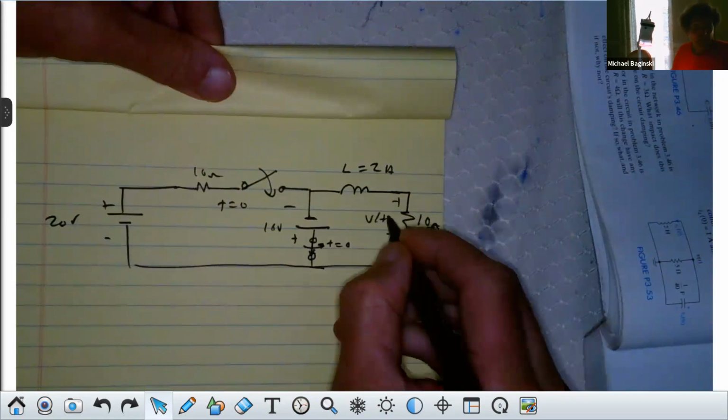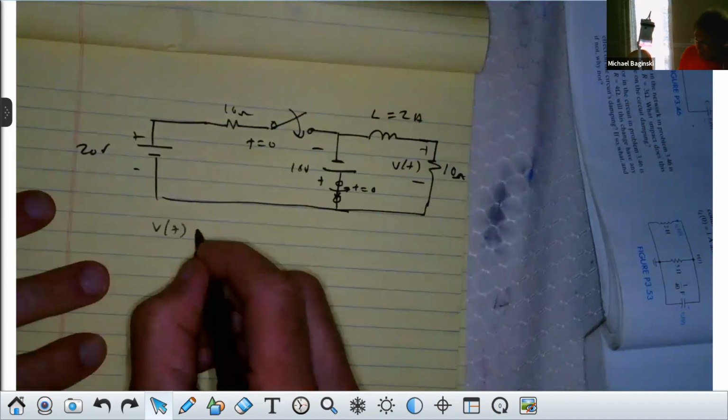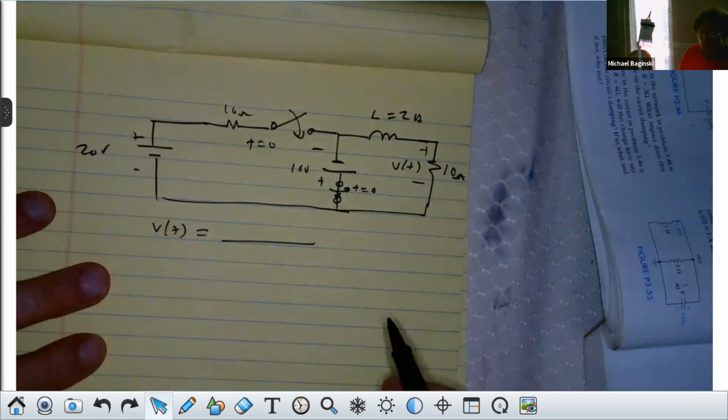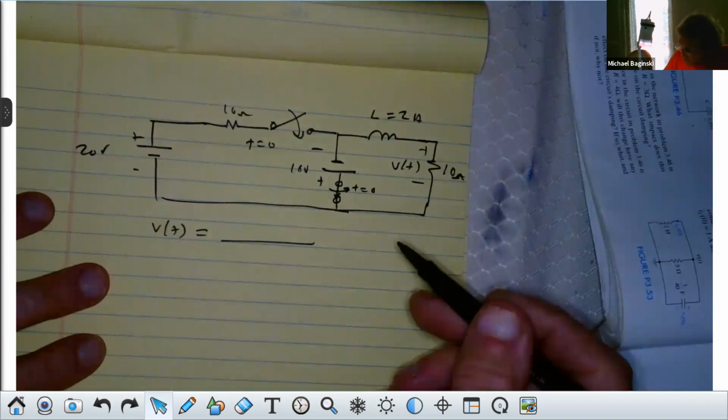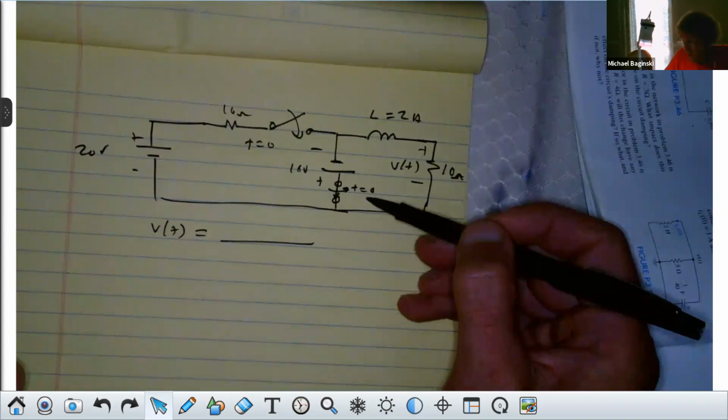All right, now, here's the deal. I want V of t. Quiz type question. Follow me? I'm after V of t. Notice the polarity. I give you a situation where there are two switches. The first switch is in a closed position for t less than 0, and it opens at t equal to 0.